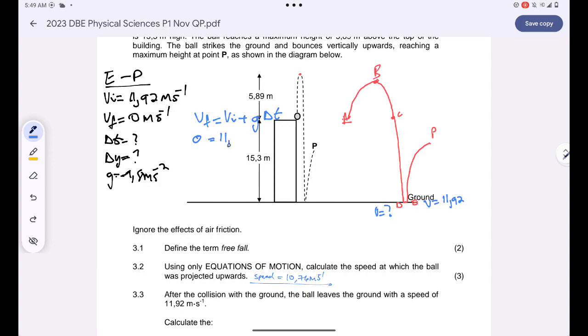The initial velocity is positive 11.92 plus negative 9.8 multiplied by delta T. Whenever the 11.92 goes to the other side, it will be negative 11.92 is equal to negative 9.8 delta T. I'll divide both sides by negative 9.8.